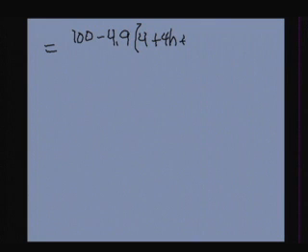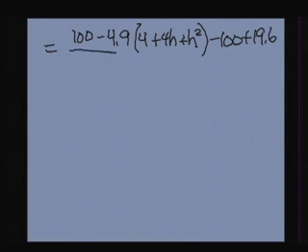We have that that's going to equal 100 minus 4.9 times 4 plus 4h plus h squared minus 100 plus 19.6 all over h.